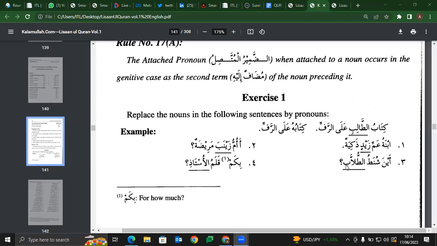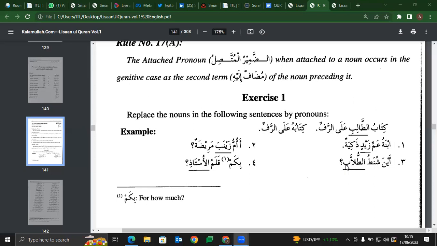Uncle of Zaid is clever. No, the son of Zaid's uncle. The son of Zaid's uncle is Zakiyatun, is clever.